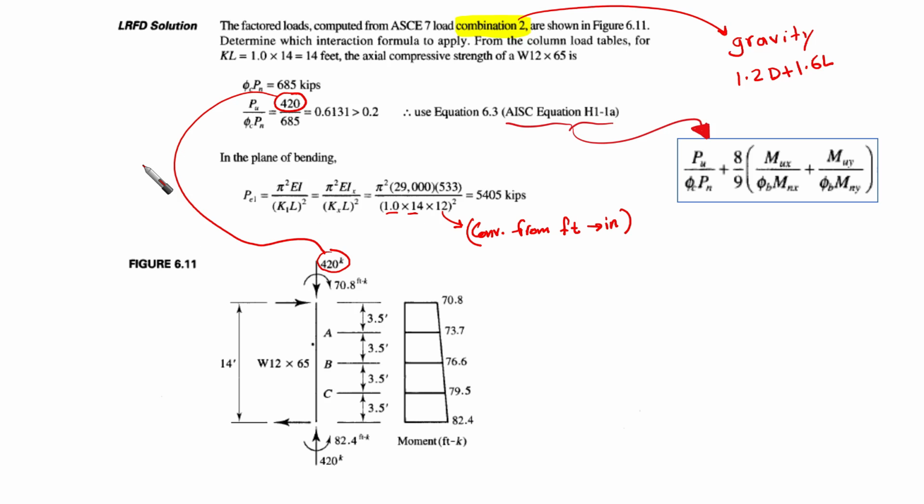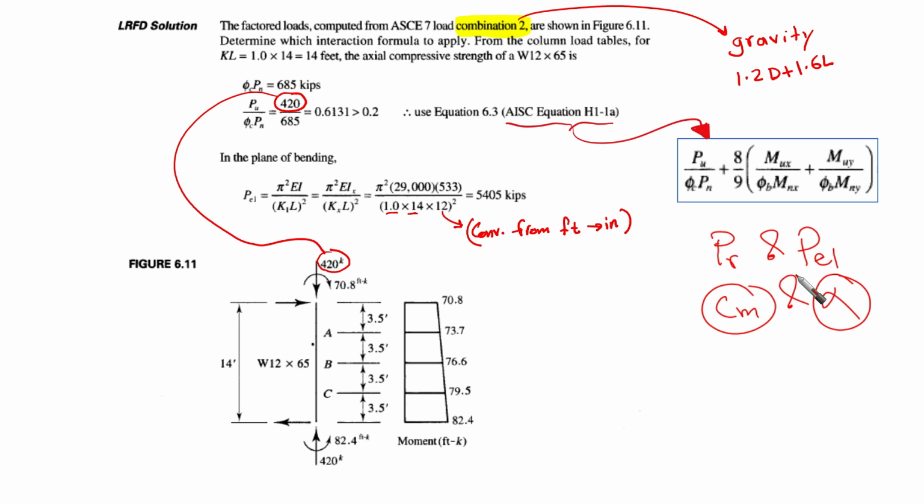Okay, now let's go back again. So the first thing we need for B1, we need this Pr, we need Pe1, we need Cm, we need to know alpha, which is already known for us if we are talking about LRFD. So let's go one by one to see how we can obtain it. So Pe1, it is Euler load.